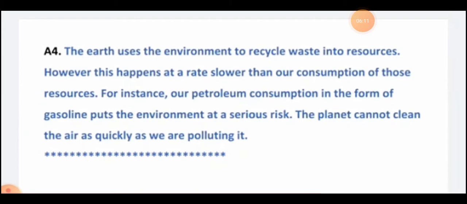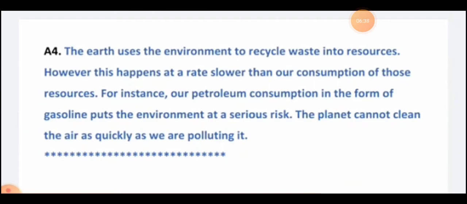Air pollution is increasing very speedily, but we are not able to clean the air at that speed. The earth uses the environment to recycle waste into resources. This happens at a rate slower than our consumption of those resources.